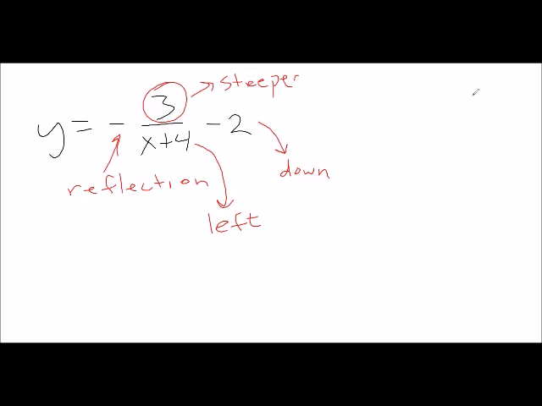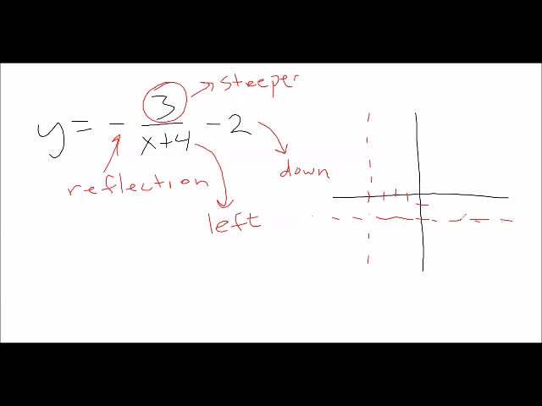So let's take this information and put it onto a graph. So we decided that we're going to the left 4 and down 2. So I'm going to mark off 4 to the left and then put in my vertical asymptote. I'm going to mark off 2 down and put in my horizontal asymptote. But then we talked about it being a reflection.